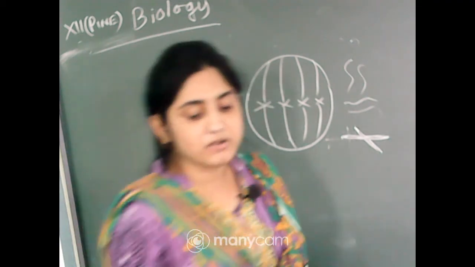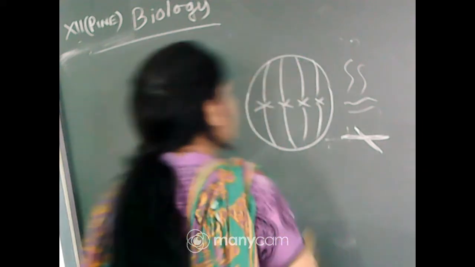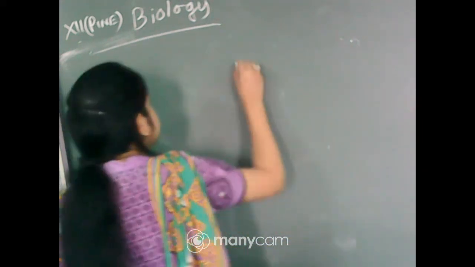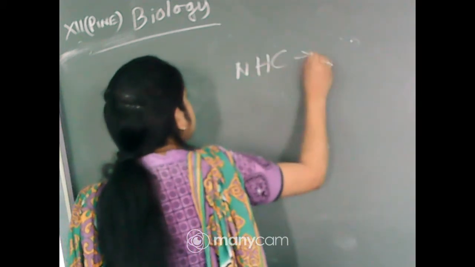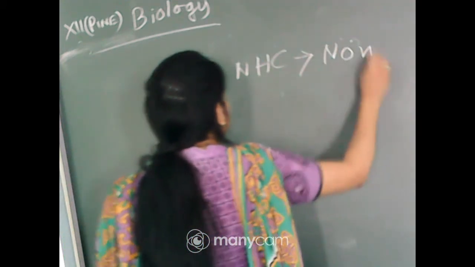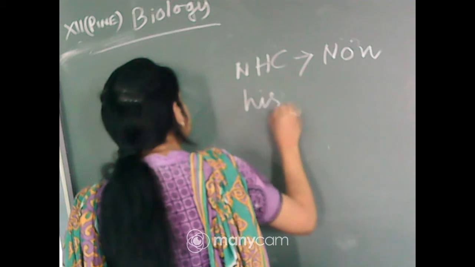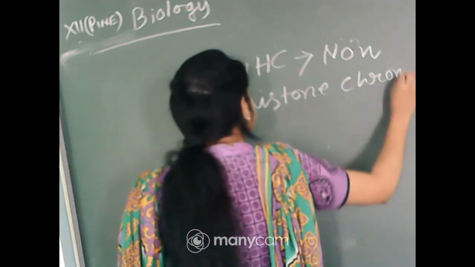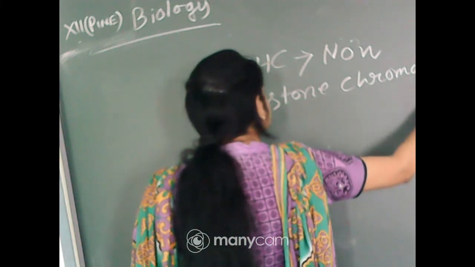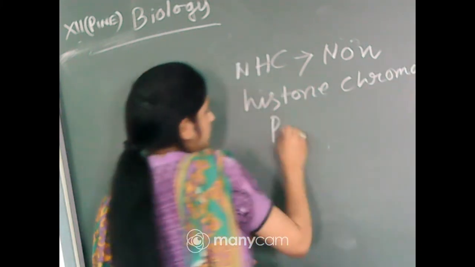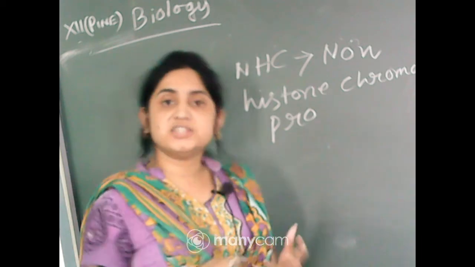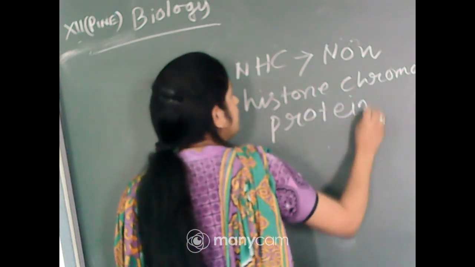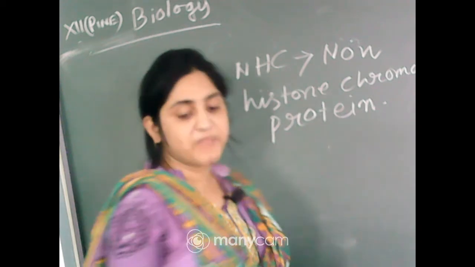These are called non-histone chromosomal proteins. So what is the full form of NHC? Non-histone chromosomal protein, which helps in the packaging of the chromosomes.